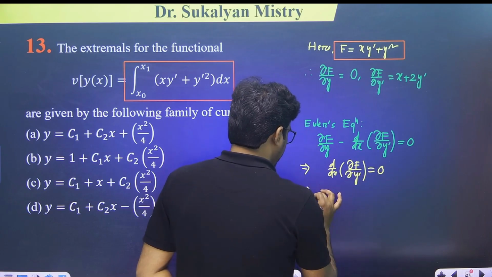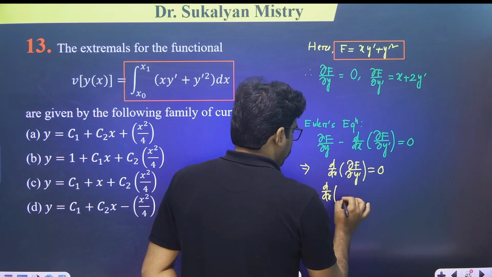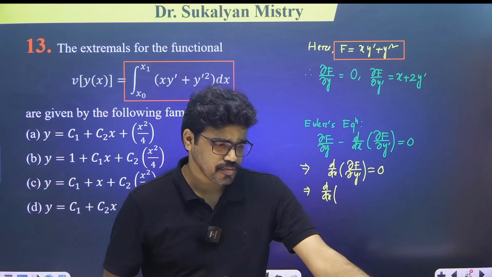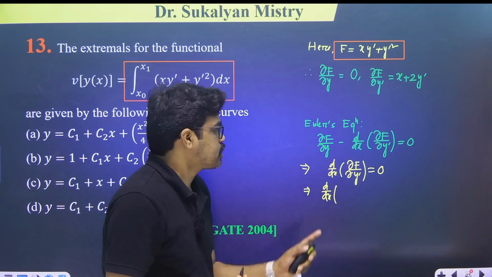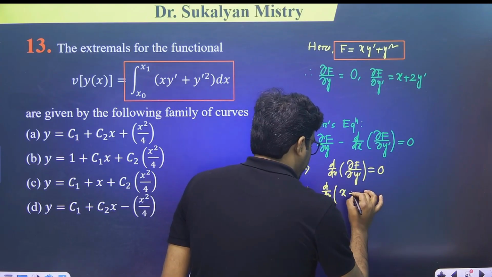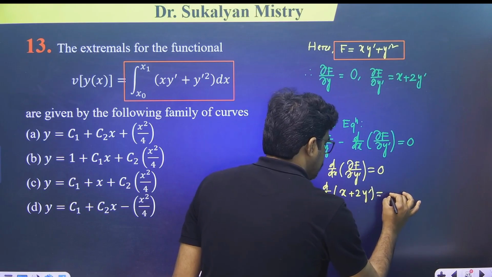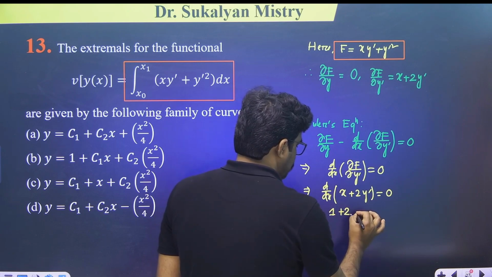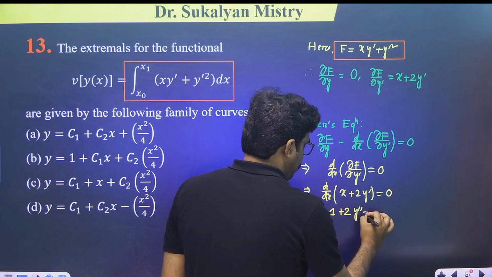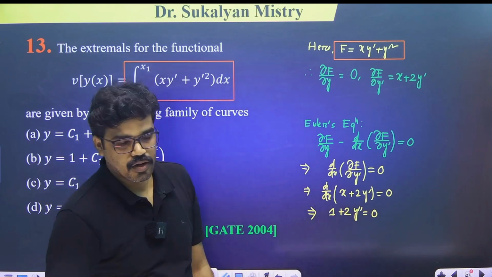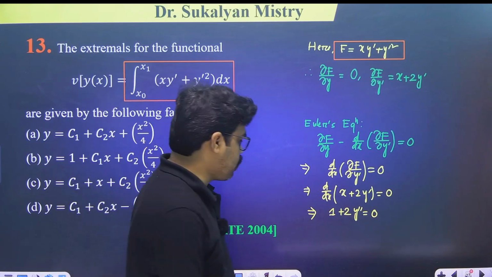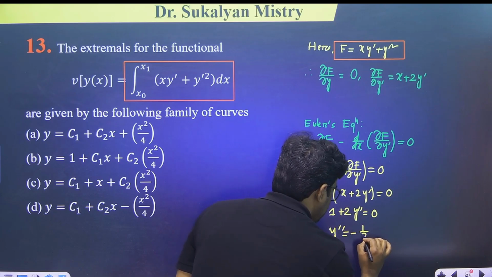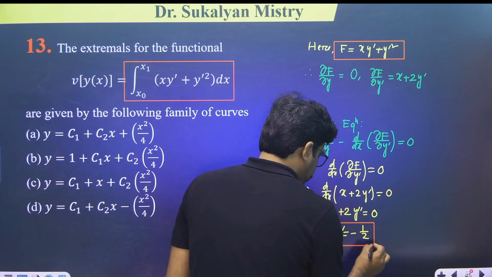Del f del y dash is x plus 2y dash, so x plus 2y dash is equal to 0. Differentiating this, we get 1 plus 2 times the derivative of y dash, that is y double dash, equal to 0. So ultimately y double dash is equal to minus 1 by 2. So this is the differential equation.